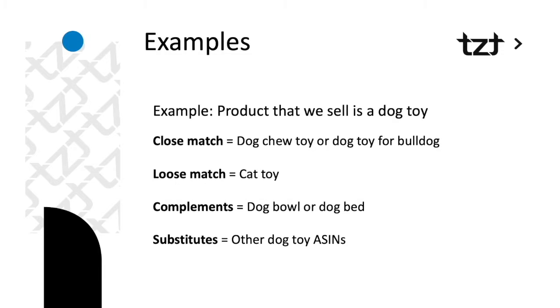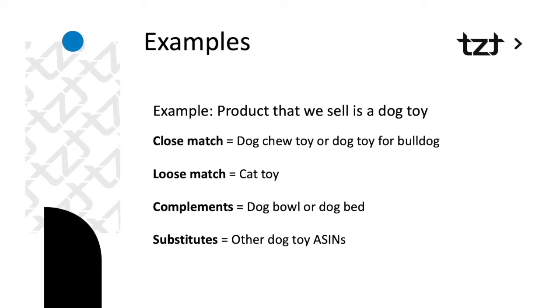So some examples here. Let's say the product that we are selling is a dog toy. For close match, a close match campaign will show for a dog chew toy or a dog toy for bulldog. A loose match would show for a cat toy. Complements, dog bowl or dog bed, so it works in comparison to a dog toy.